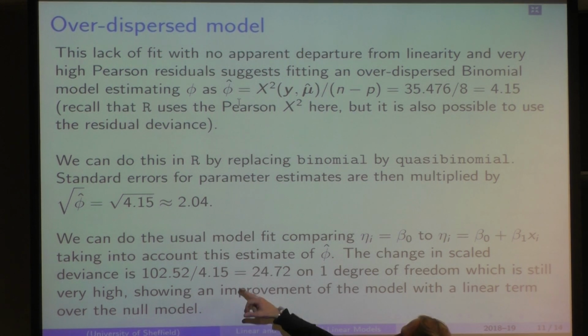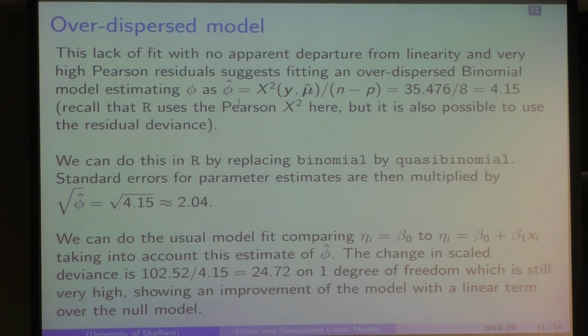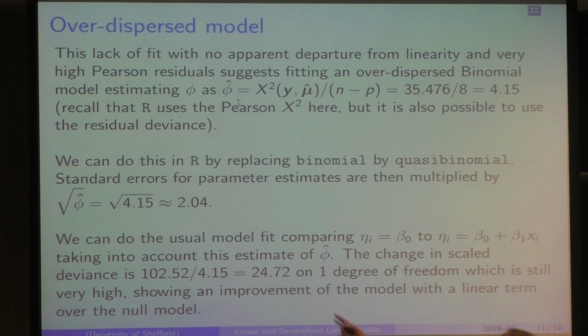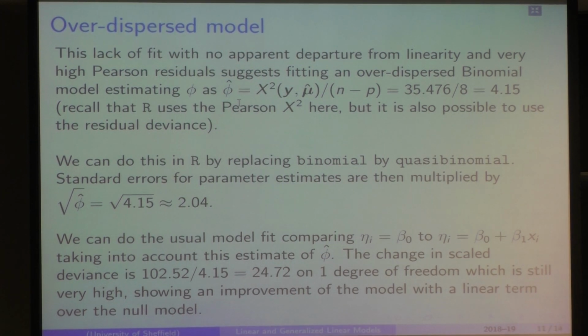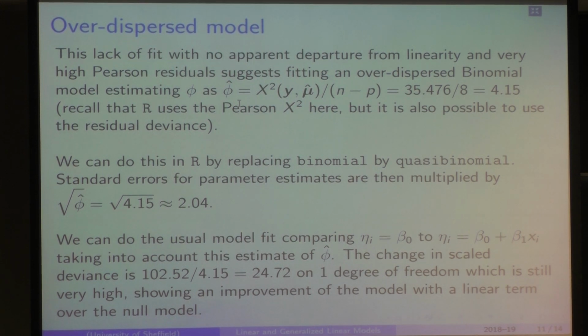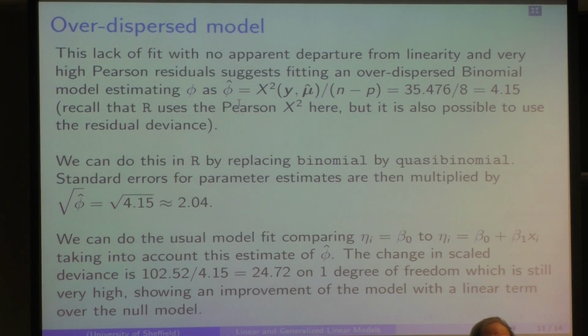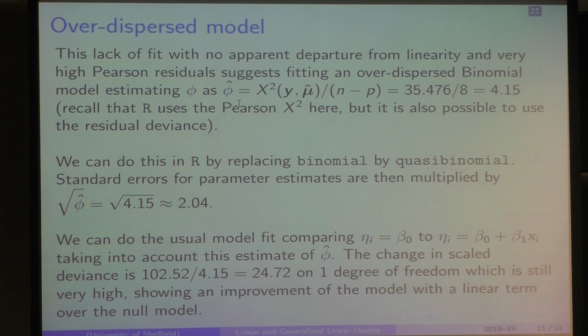So we divide by the estimate of phi here, and we get this 24.72. That's obviously still quite a large number for a chi-squared with 1 degree of freedom. So even with this estimation of phi in this quasi-binomial model, there is still good evidence that the model with a linear term is better than the null model.